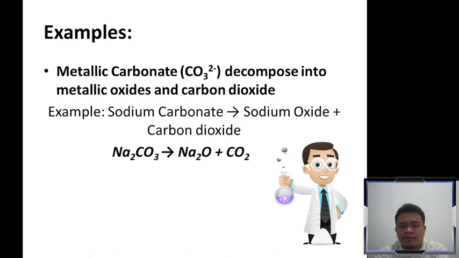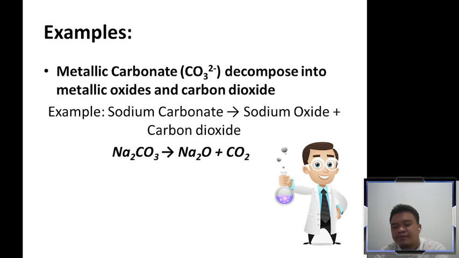Like here, a metallic carbonate, which is a compound with a carbonate ion, decomposes into a metallic oxide and carbon dioxide. For example, when sodium carbonate decomposes, it forms sodium oxide and carbon dioxide.